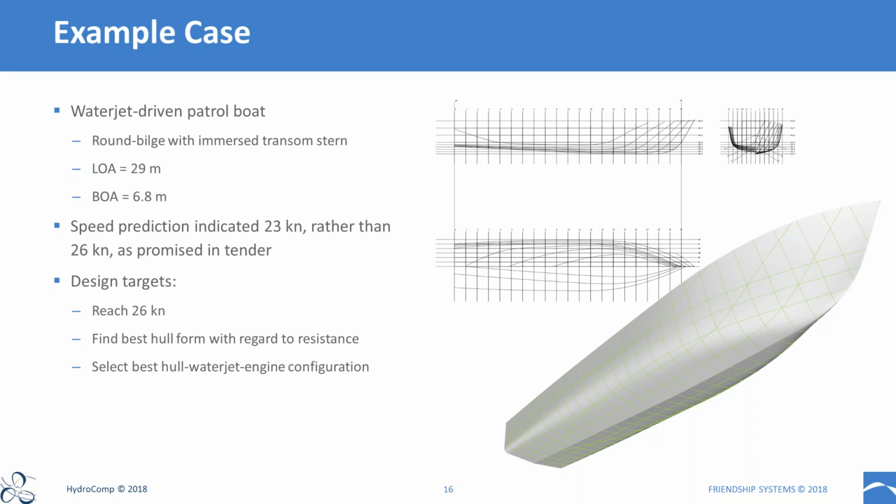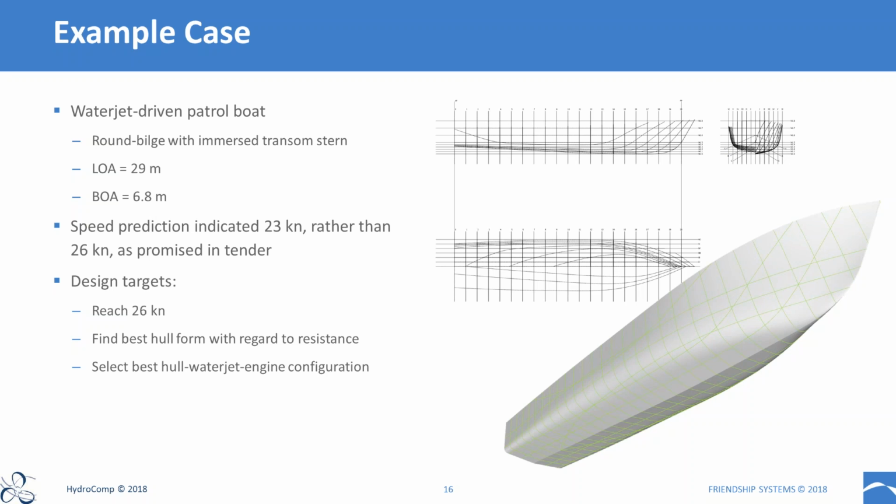Some preliminary analysis that was done on the hull form indicated in terms of speed prediction that 23 knots could be reached as a top speed rather than the 26 knots that were promised in the tender of the vessel.